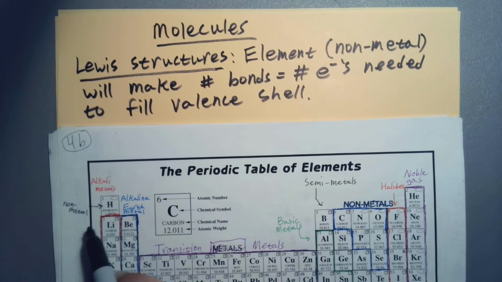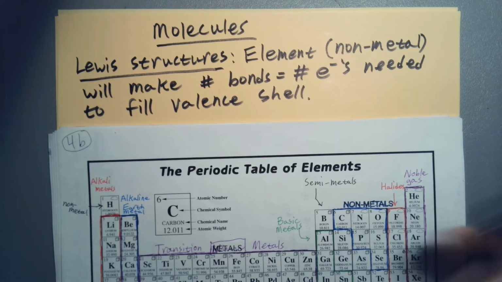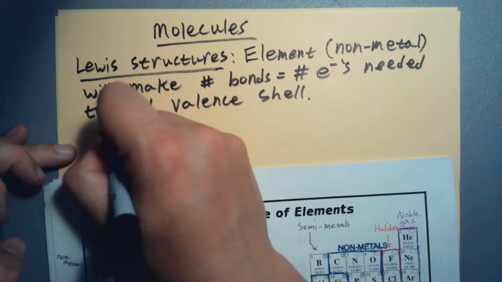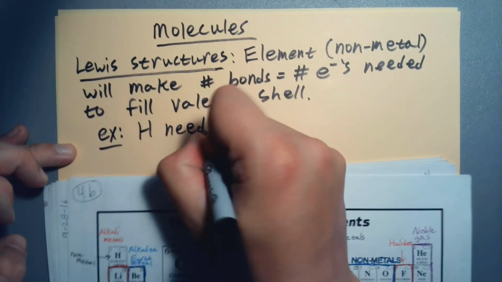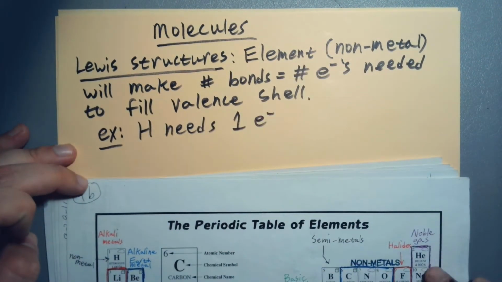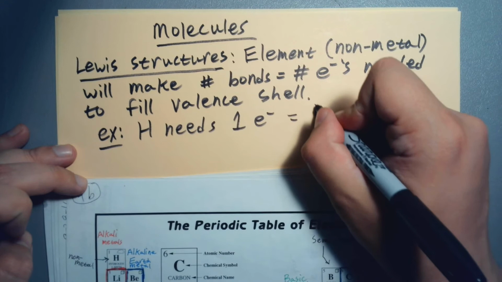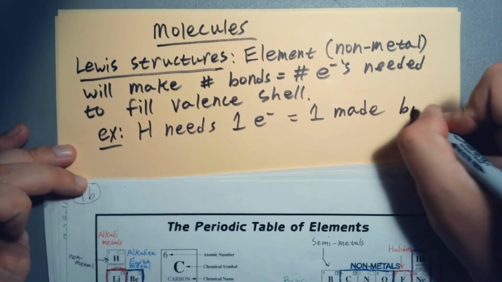Alright, so hydrogen, we talked about this before, needs one electron to fill its valence shell. That means it's going to make one bond.